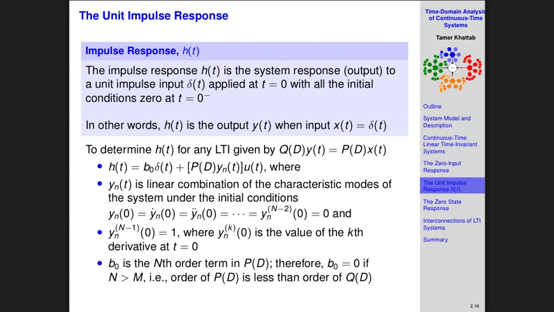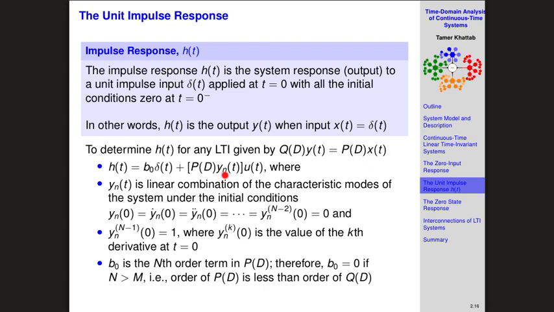We still need Q of D, but for something else. So this part uses the derivative polynomial of the input, because it is no longer equal to 0. It is actually equal to a delta function. That's the input we use to get the impulse response.